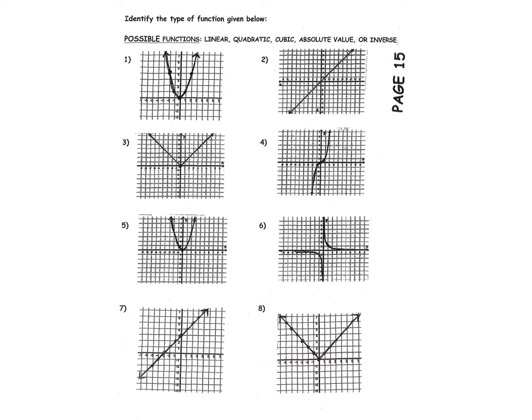You should be on page 15. On this page, you're going to take a look at each of the graphs that you've been given and determine whether the graph is a graph of a linear function, a quadratic function, a cubic function, an absolute value function, or an inverse function.